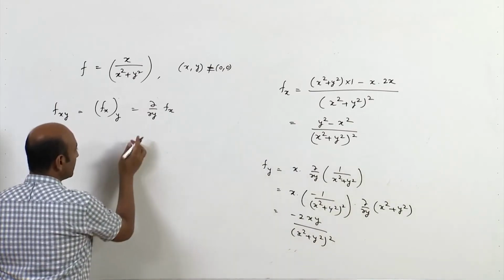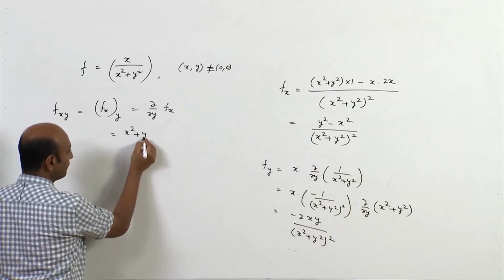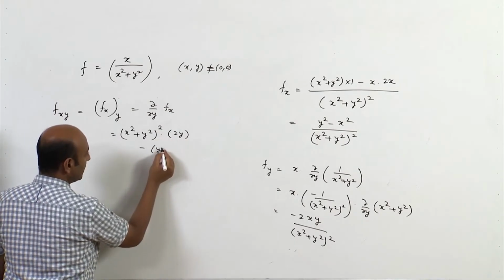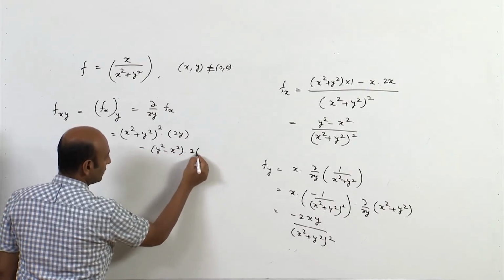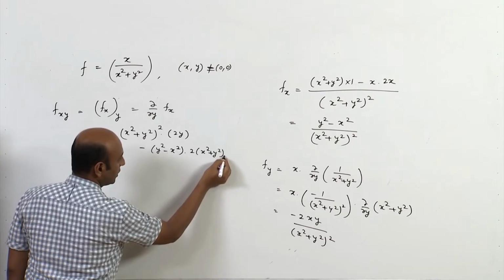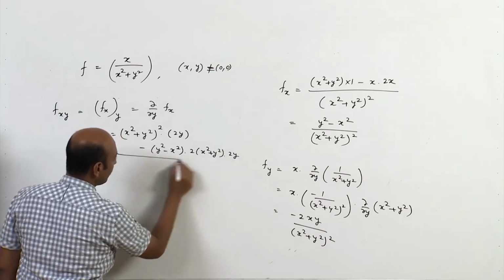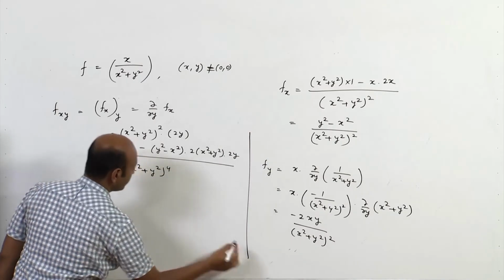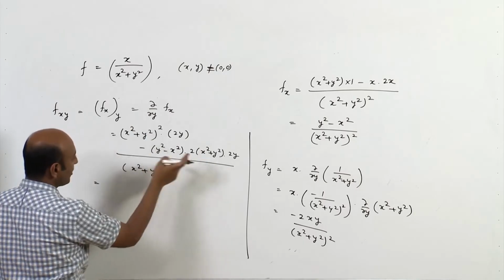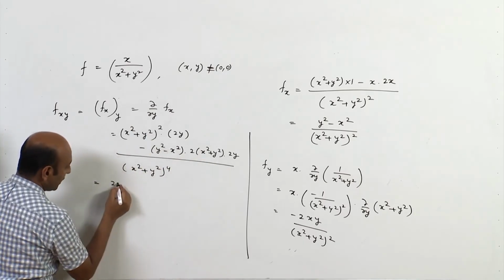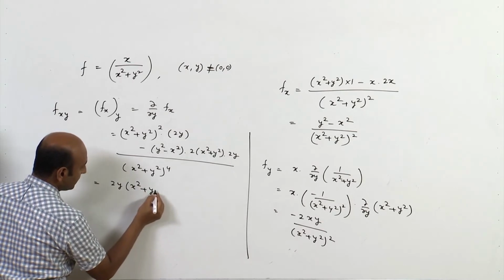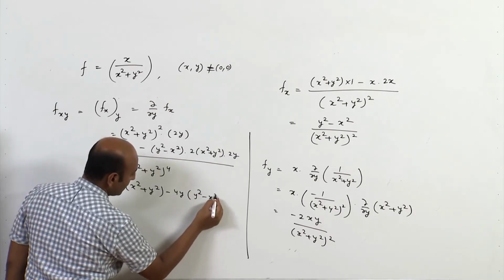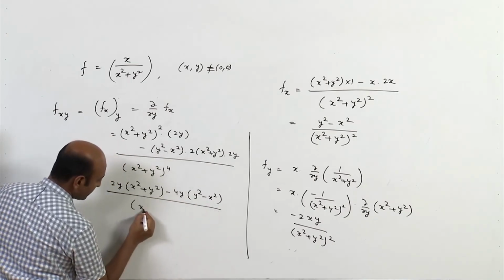So, again denominator as it is, derivative of numerator minus numerator derivative of denominator, 2t, t again, that is 2y, upon denominator whole square. So, this is further equal to, you cancel x square y square from numerator and denominator. So, we will obtain 2y into (x square plus y square) minus 4y (y square minus x square) upon (x square plus y square) whole cube.